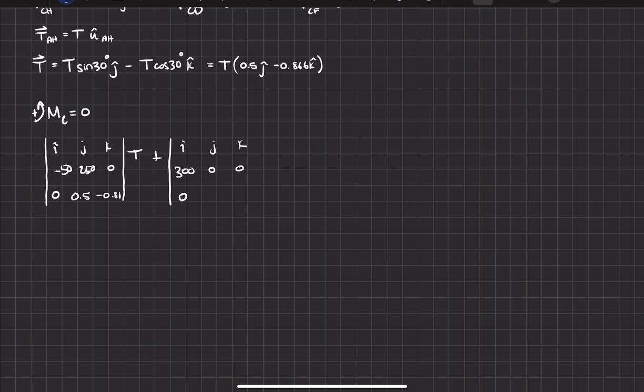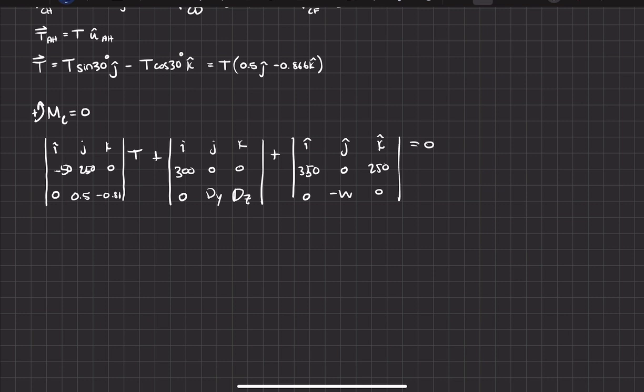So we have 0 in the x component for D, and then we have DY and DZ. Then we have our last cross product, which is for the weight, i, j, k. We have 350 in the i, 0 in the j, and 250 in the k value. We have 0, negative W, and 0. And we set that equal to 0.